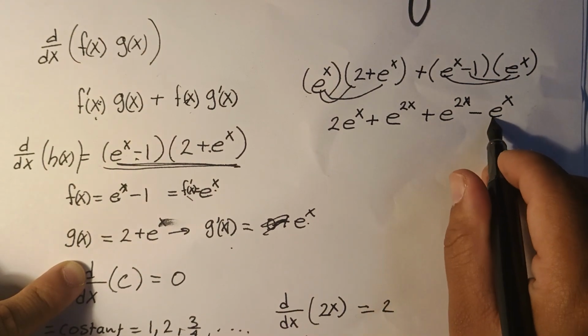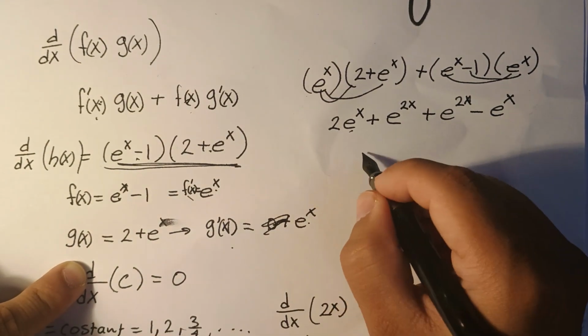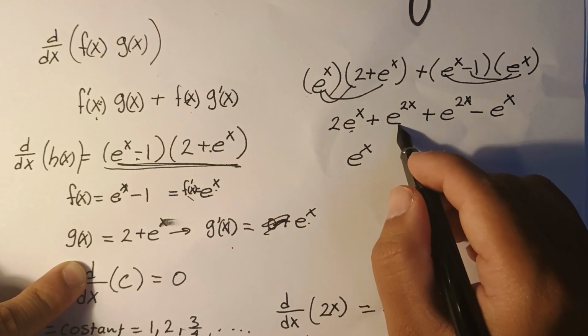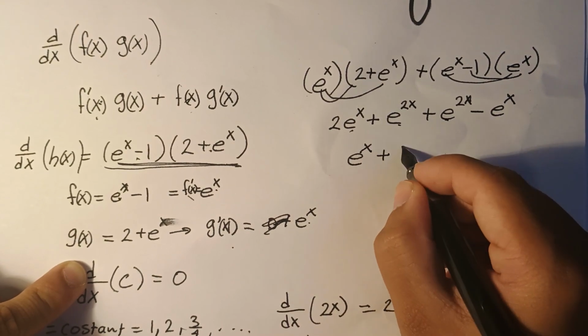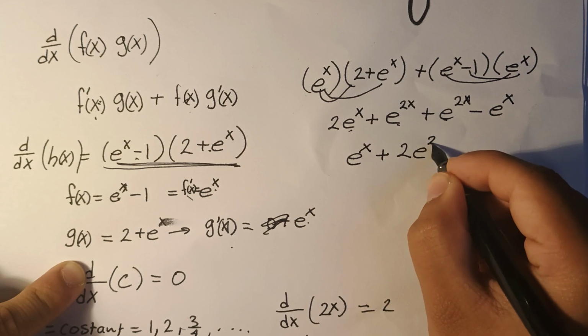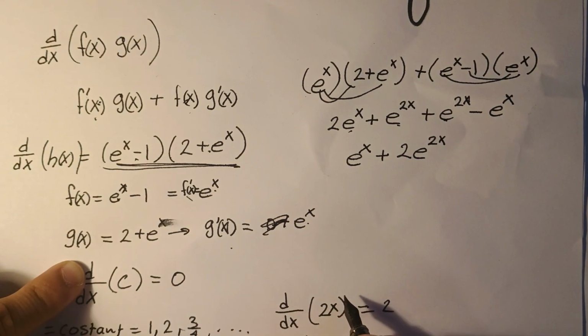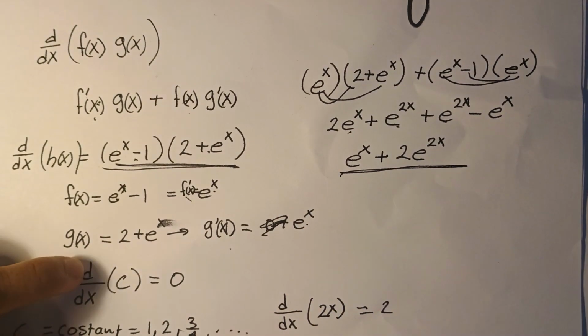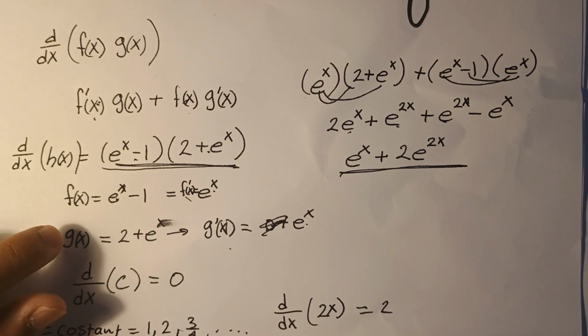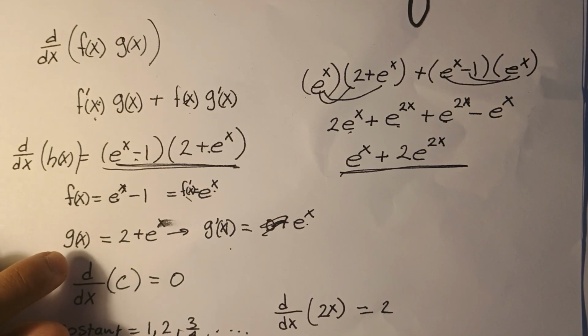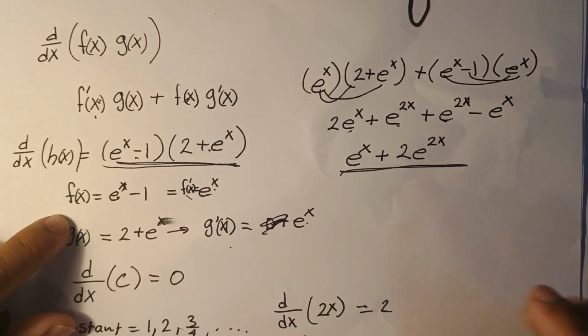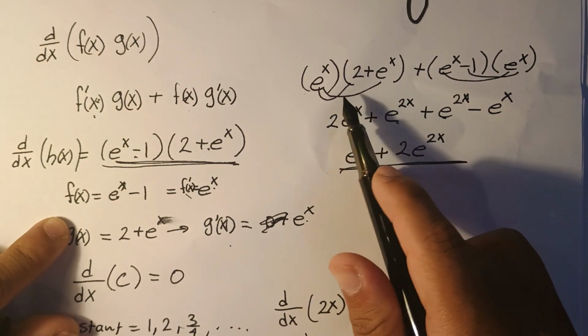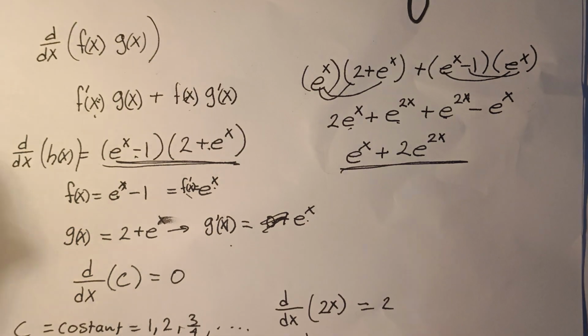Okay, now this cancels out this one time, so we're going to do e to the x. You can add these two together. And this is the answer. So yeah, that's the answer. If you want to simplify, you can also just leave it like this. I mean, it's still right technically.